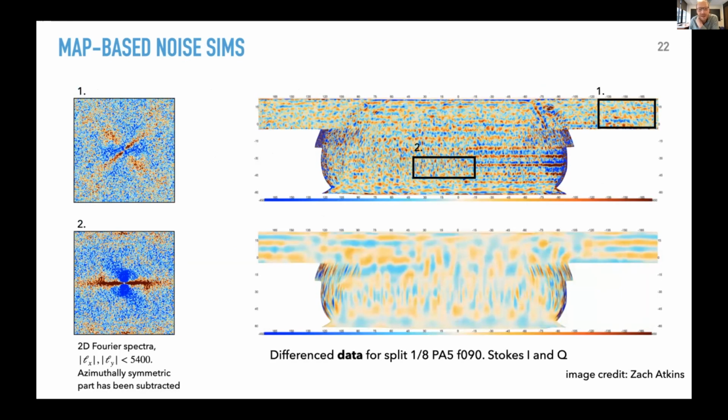So here, I'm again showing you 2 of these noise maps of the data itself, again showing the power spectrum in the 2 regions. Then the bottom plot here is now Stokes Q as well. And then here I'm going to show you the simulations.